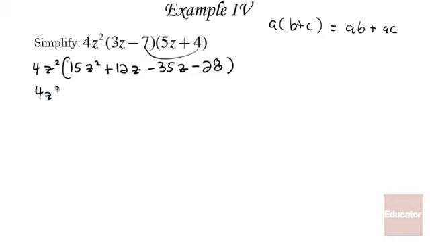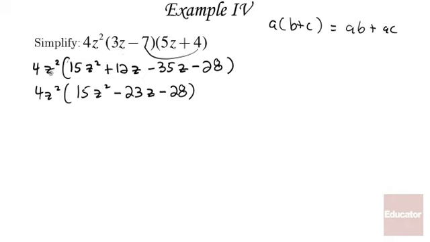I can simplify a bit more, and this is 15z squared. I have like terms in here, and 12 minus 35 is negative 23z minus 28. Okay, so I applied the distributive property in here, multiplying each term in one times each term inside the other parentheses.